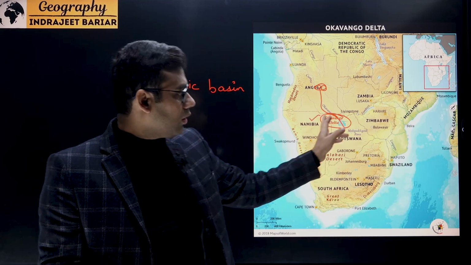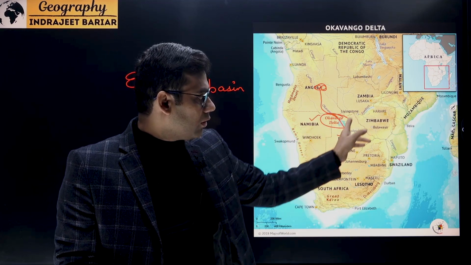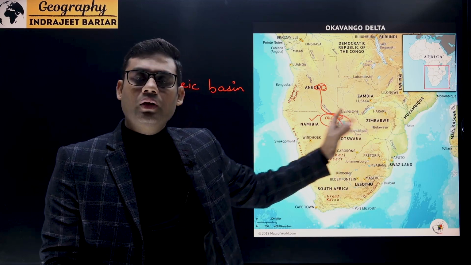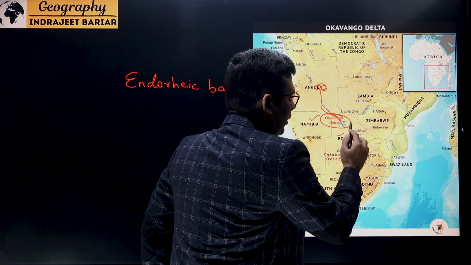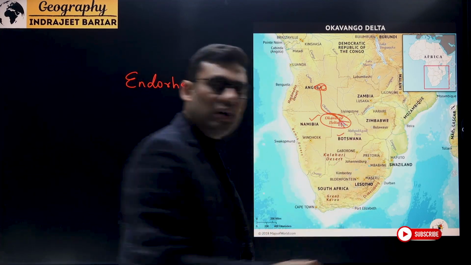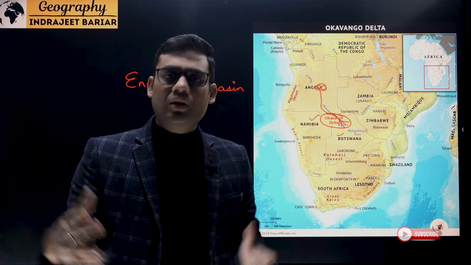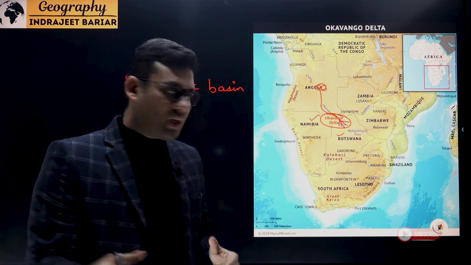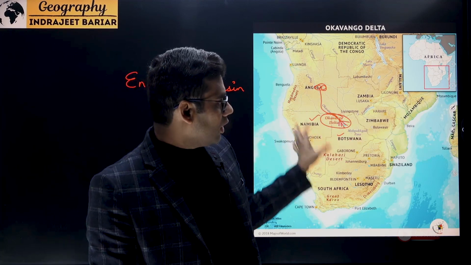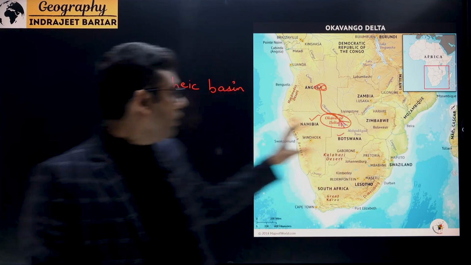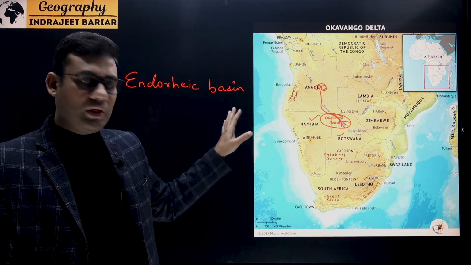But over here, the Delta has been shown right in the interior of the continent. That is where the river is lost. Here itself, it is divided into a number of branches, creating a large swampy region. And these swamps have been called Okavango Delta. And because it is lost in the interior of the continent itself, I call it Endoric Basin.